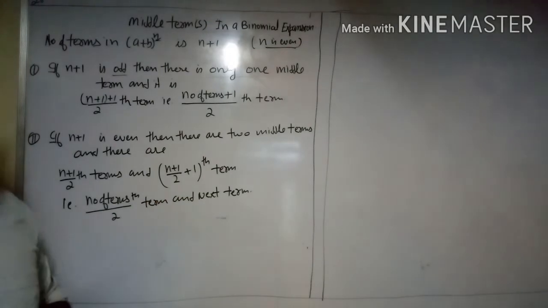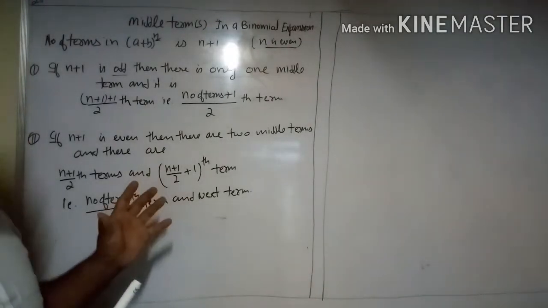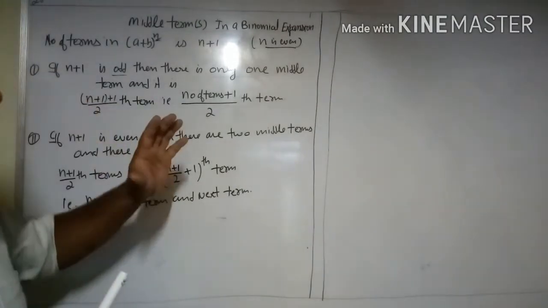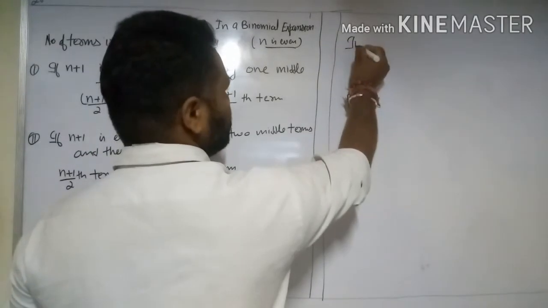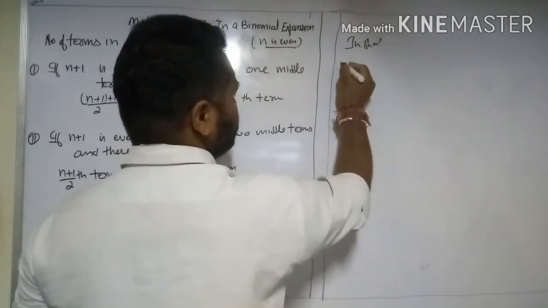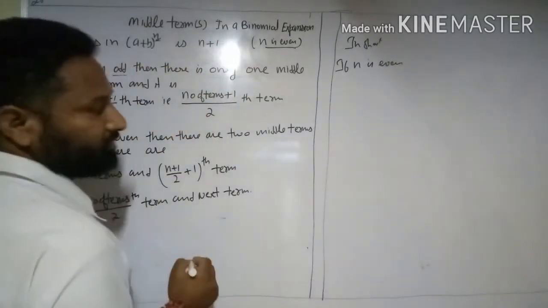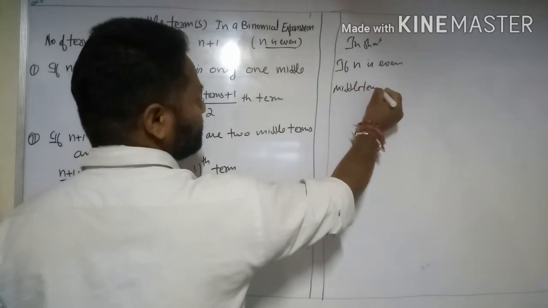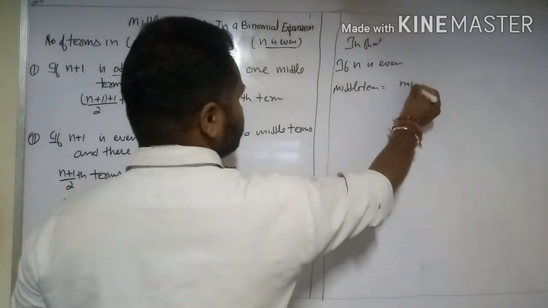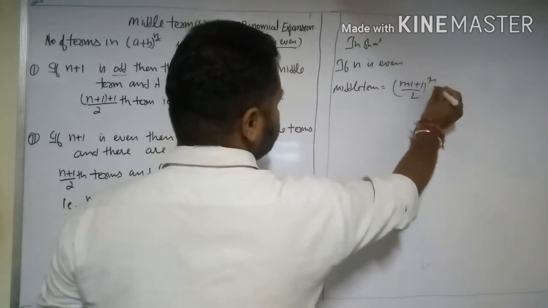On the basis of that we will take some questions here, and with the help of that we can see how to solve them. But always keep in mind, in short: if n is even, then the middle term is the (n + 1)/2 term.